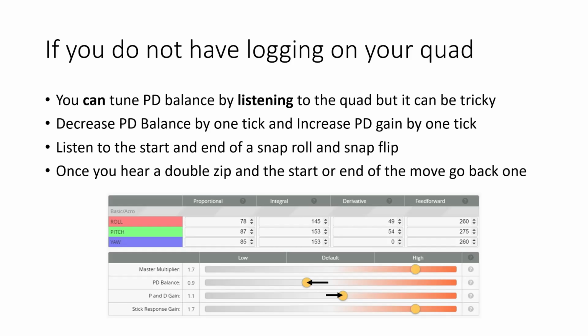So what you want is to get to the lowest PD balance and highest PD gain, obviously moving them together, before you hear a double zip at the end of a move or the start of a move. Hopefully that's clear. If you've got any questions, please ask them in the comments.